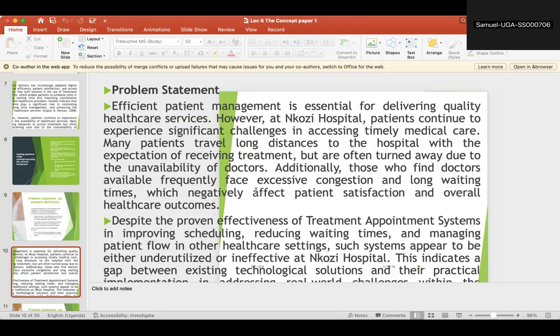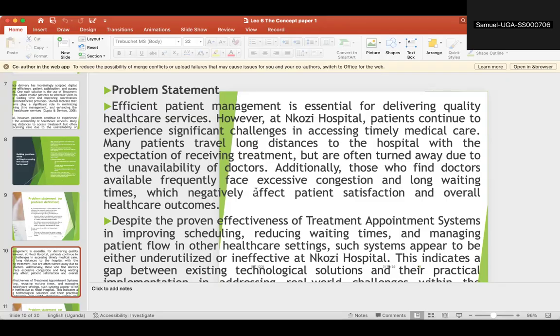When you come up with an efficient kind of system, there's a difference between effectiveness and efficiency. Efficiency is usually measured in terms of time, and effectiveness is measured in terms of achievement. Can it achieve what it is intended to do? Sometimes you can have a system which is effective but not efficient.